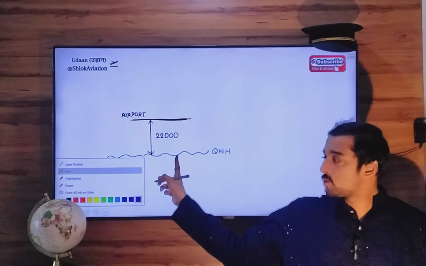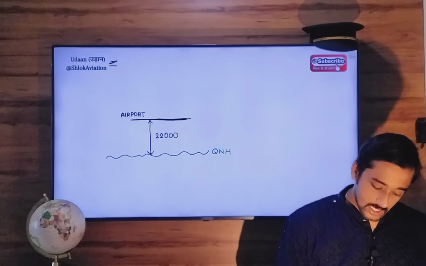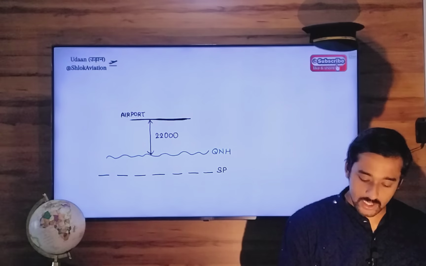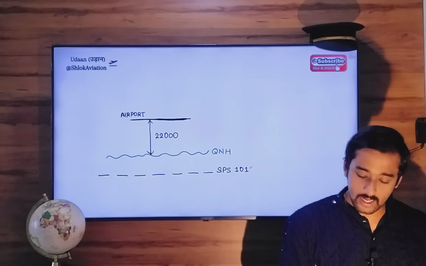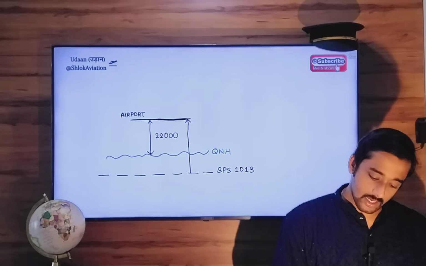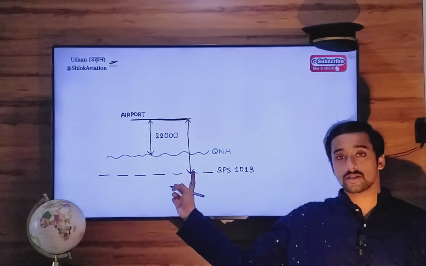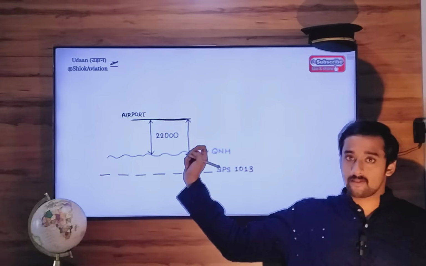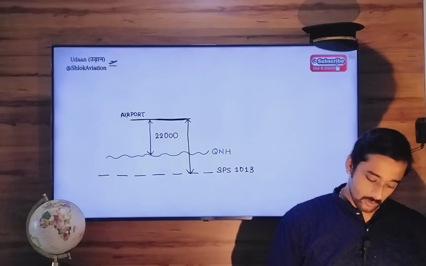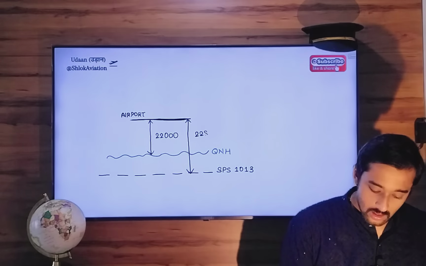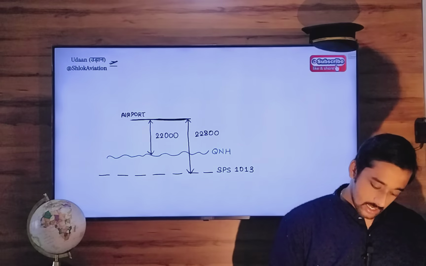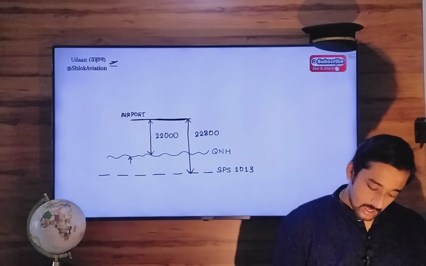So if this is your QNH or mean sea level, the standard pressure setting 1013 is below that QNH pressure datum, and the measurement will begin from the standard pressure setting datum up to that airport elevation. So you can see this line is bigger than this line. So 22,800. The difference between 22,800 and 22,000 is 800 feet.